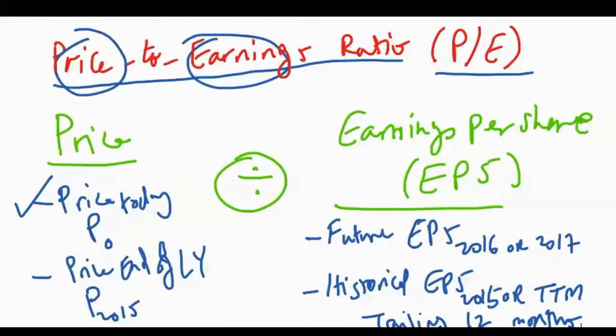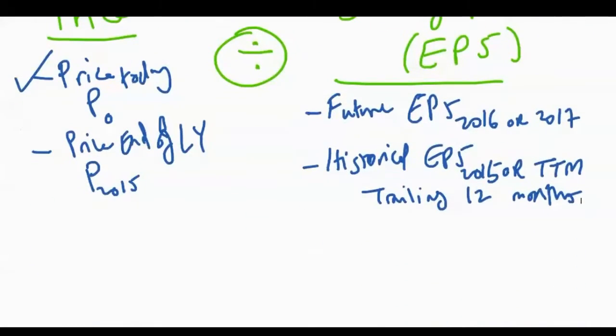To calculate future EPS, what do you need? You need to be able to forecast the performance of the company that you're looking at, or you can use the consensus estimates of the forecasts done by different financial analysts in the market. So, for example, you would look at the different financial statements for any specific company.